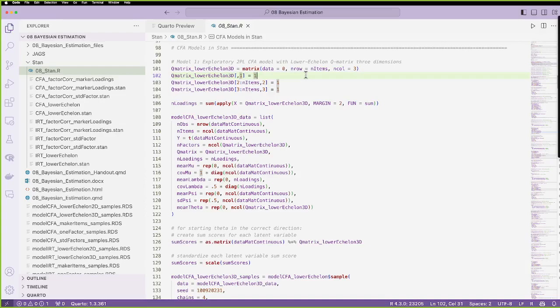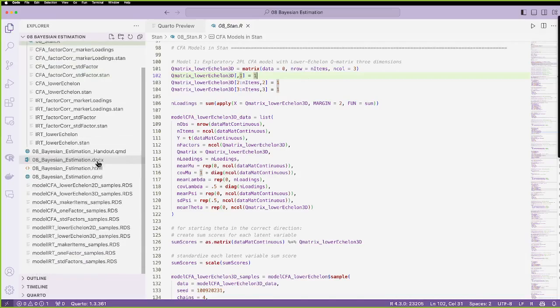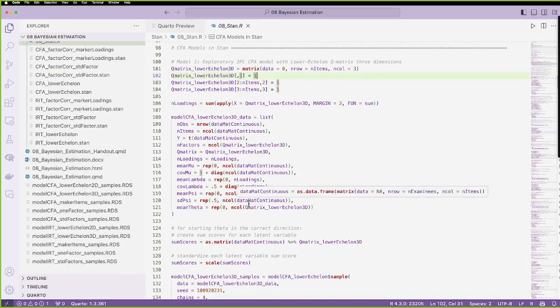Then we're going to try a 2-dimensional model with the correct Q matrix. By the way, the 2 exploratory models use the lower echelon Stan code. The correct Q matrix uses the standardized factor Stan code.